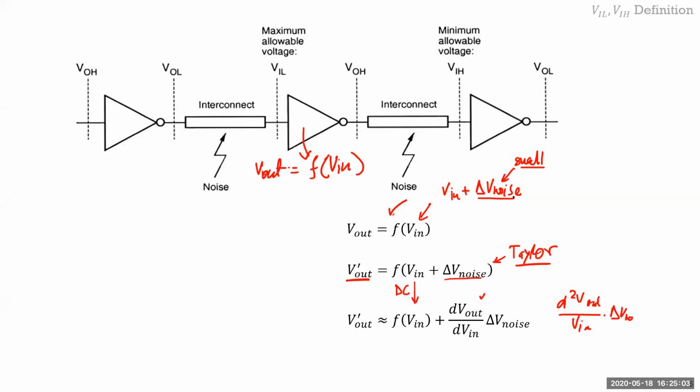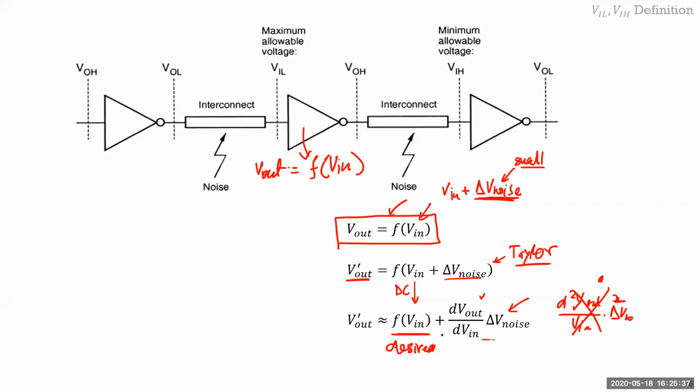But because our assumption was that this delta V was very small, delta V square and then delta V cube and so on, we can actually neglect all the higher terms and just take the linear term, which is basically saying that we have linearized this function. Now it's clear from this function that your output is what you desired, right? This is your desired value because that was your definition, that my output is some function of the input.